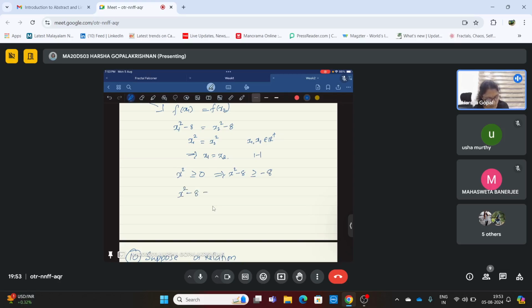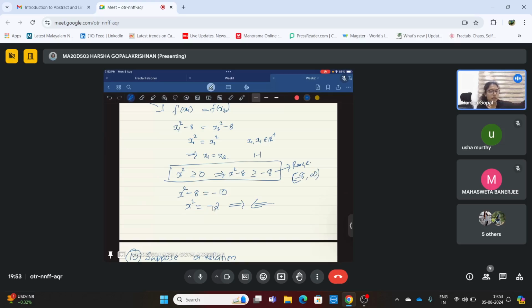Suppose x square minus 8 equal to minus 10. In that case, x square equal to minus 2. This is not true, right? I mean, a square will not be minus 2 ever. It will always be positive. That is what exactly we are doing here also. So this is actually the range. Okay, the range is from minus 8 included to plus infinity.